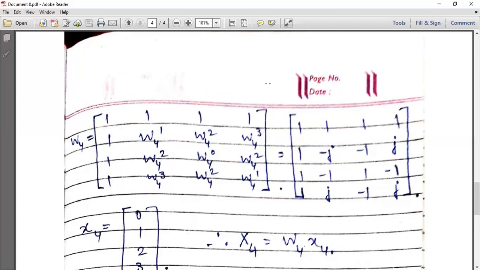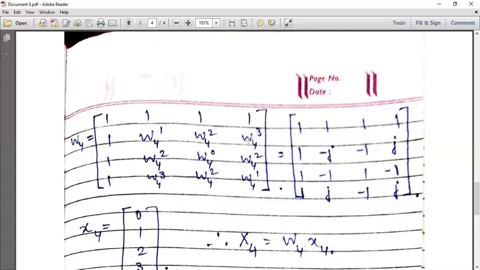Clear? Now for the others, I have kept the second column as it is: W4 to the power 1, W4 to the power 2, W4 to the power 3. In the third column, W4 to the power 2 is as it is, W4 to the power 4 is equal to W4 to the power 0, so I have replaced it. Again, W4 to the power 6 is W4 to the power 2, so I have replaced it.